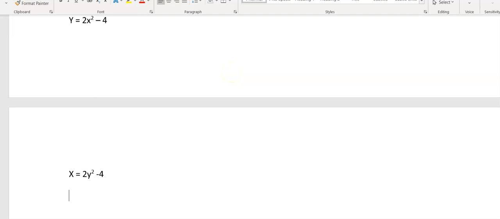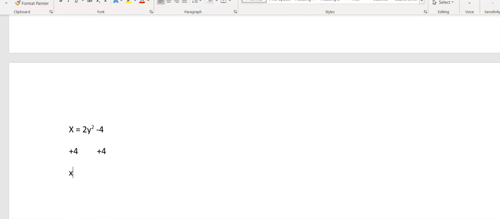Now let's solve this thing for y. So we need to get rid of the 4 first. So let's add 4 on both sides. And we get x plus 4 equals 2y squared.